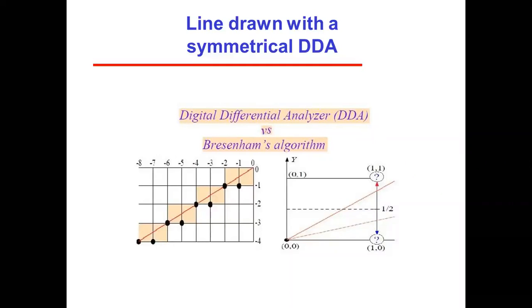Similarly, we calculate epsilon delta y, where delta y is y2 minus y1. Suppose delta y is equal to 6, then epsilon delta y is 6 over 16, because we have already calculated epsilon equal to 1 over 16. So we calculate the value of epsilon delta x and of epsilon delta y.